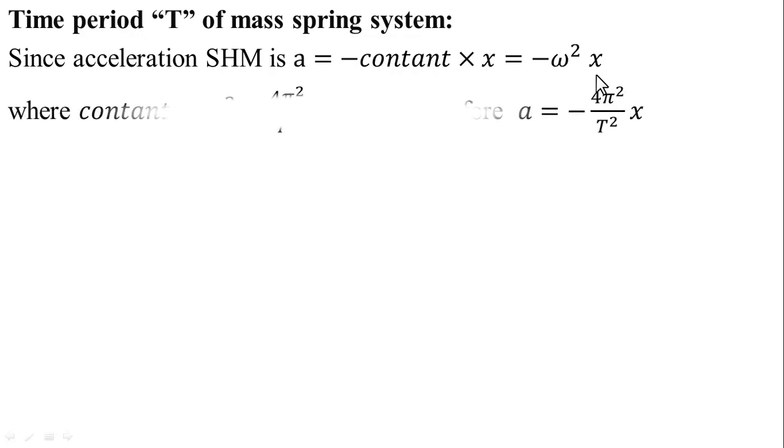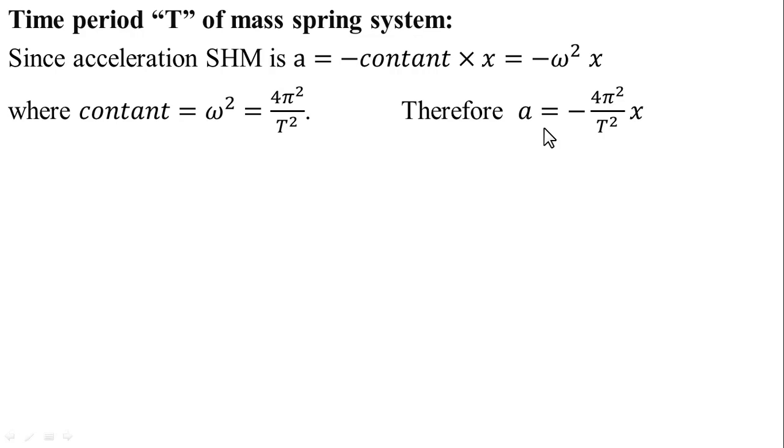Then we also know that omega is equal to 2 pi over T. Then omega square is equal to 4 pi square divided by T square. Now putting the value of omega in the above equation, a is equal to minus 4 pi square over T square multiplied by x.